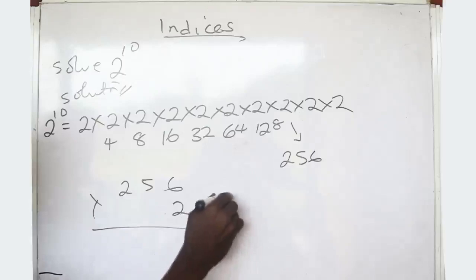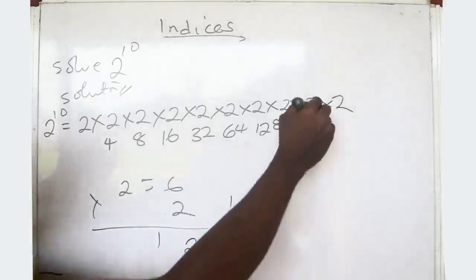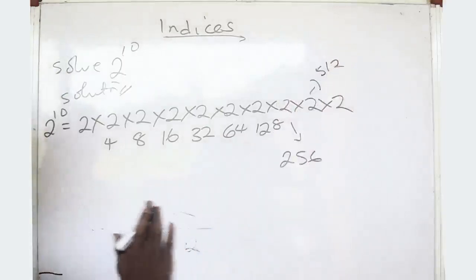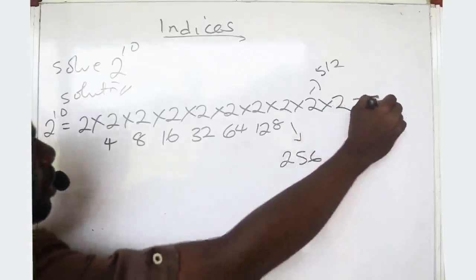Write down 2, carry 1. This is 10, 1. Okay, 512. And 512 times 2 will give you 1024.